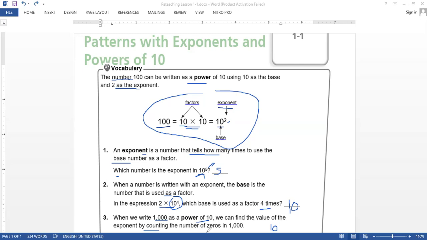So we count how many zeros we have in 1,000. We have 3 zeros. So the power will be 3. So 10 power 3 equals 1,000. 10 power 2 equals 100. This means that the number of zeros in the powers of 10 equals the exponent itself.